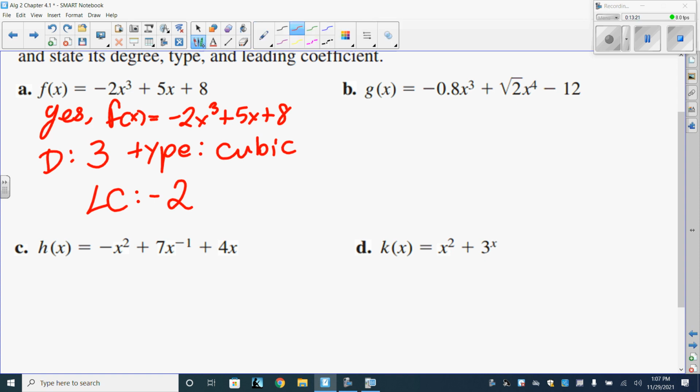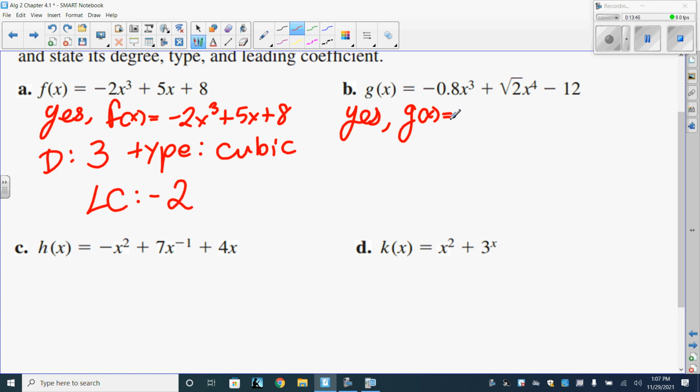Are there any variables being multiplied together? Well, no. We don't have two different variables being multiplied together, so we're good there. Are there any variables in the bottom of a fraction? So is this a polynomial function? Yes. Is this one here written already in standard form?